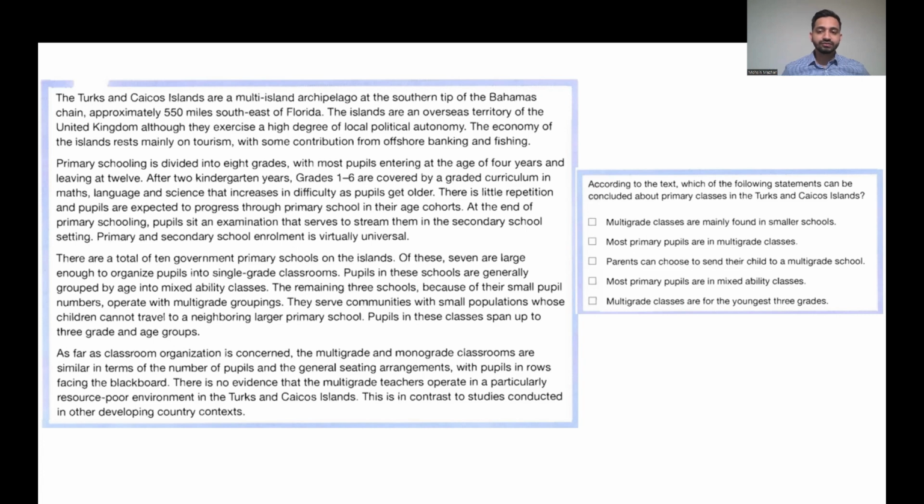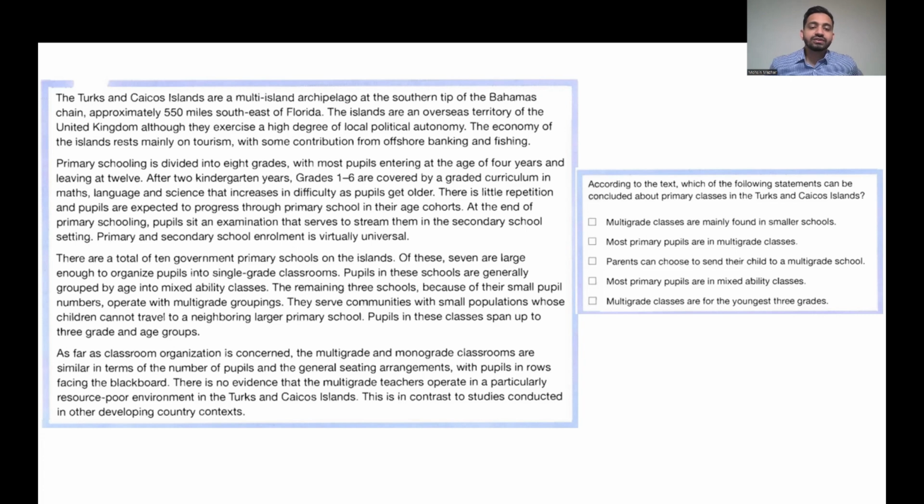So the first one, here we're going to see the first one: the remaining 3 schools, because of their small pupil numbers, operate with multi-grade groupings. Okay, so look at the first option. Multi-grade classes are mainly found in smaller schools.